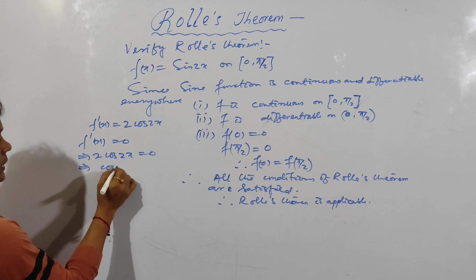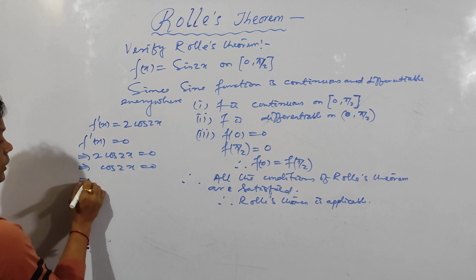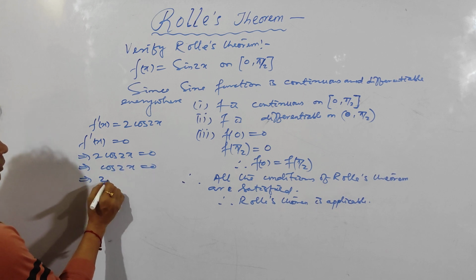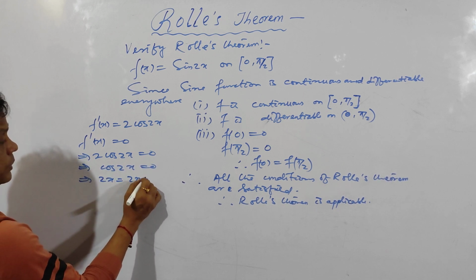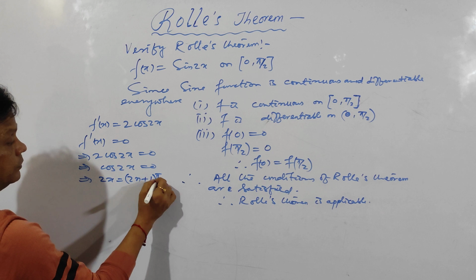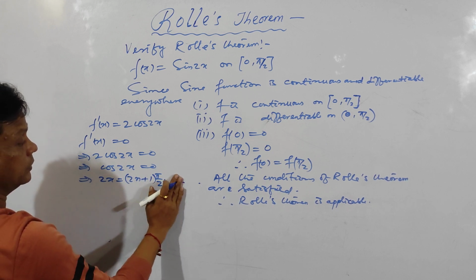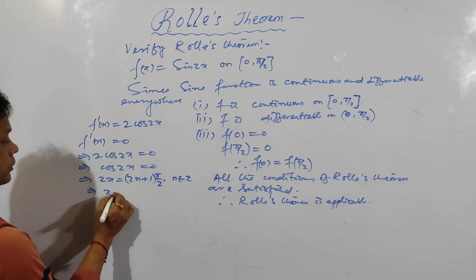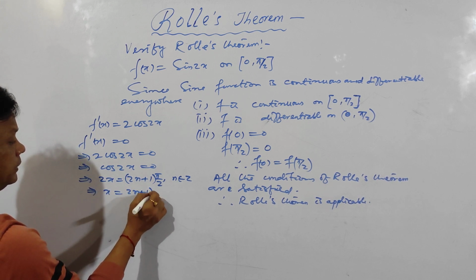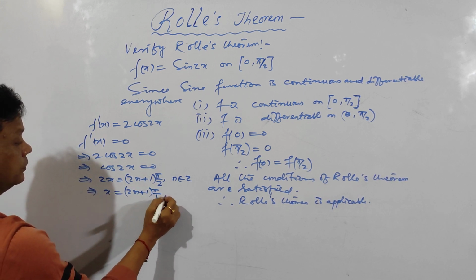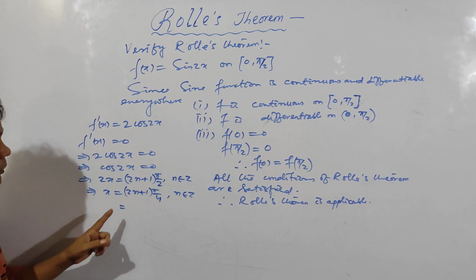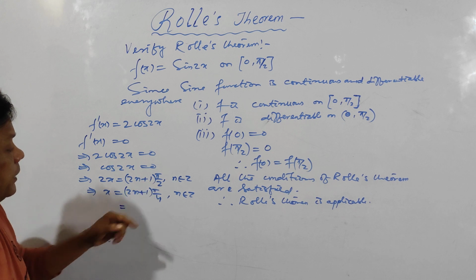Implies cos 2x is equal to 0. And cos 2x is equal to 0 means 2x is equal to 2n plus 1 into pi by 2, a trigonometric equation, and here n belongs to Z. So x is equal to 2n plus 1 into pi by 4, n belongs to Z. See here, if you put n is equal to 0, that is pi by 4.